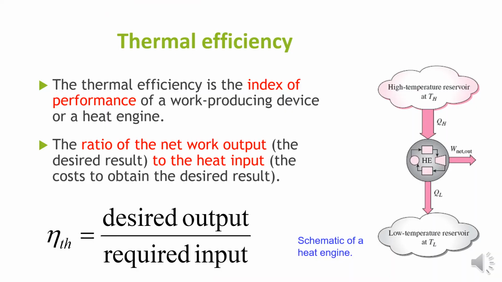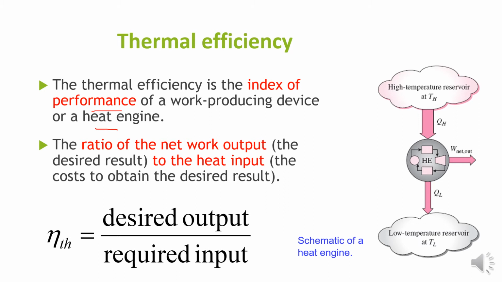Okay, for this heat engine, usually if you want to see the performance, we say the thermal efficiency is the index of performance of the work producing device or the heat engine.